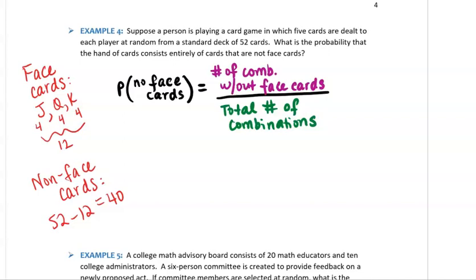And then we want to divide that by the total number of combinations of 5 cards from the deck of 52 cards in general. Using the combination formula, we have 40 non-face cards, and we are wanting to select 5 of those. And then in the denominator, there are 52 cards in general, and we are being dealt 5 of them.